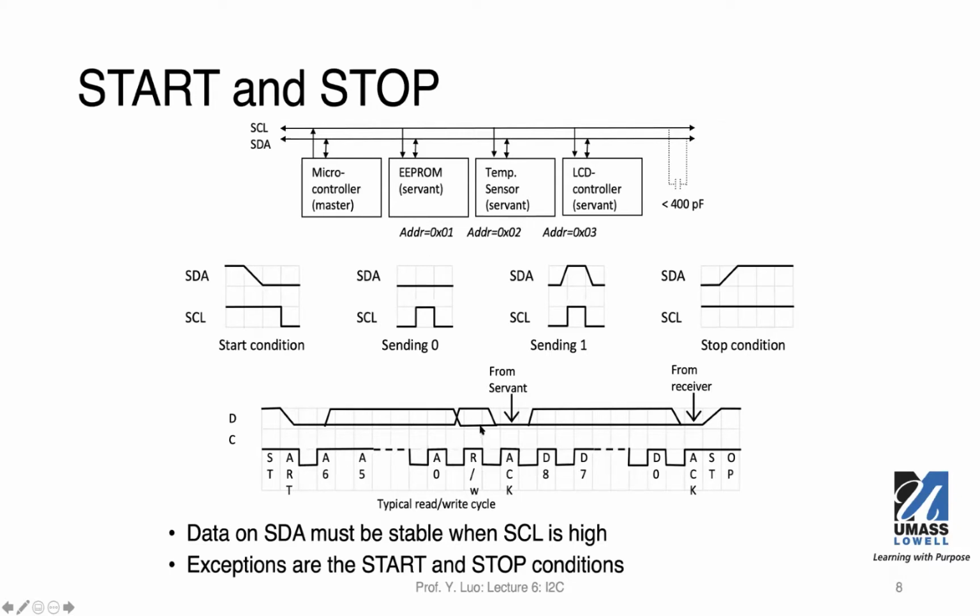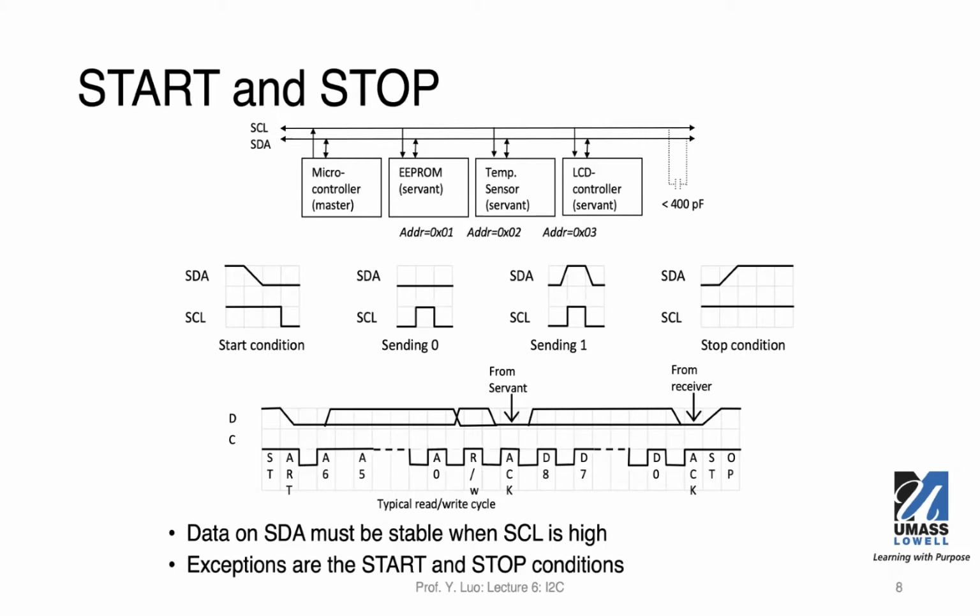But before it responds, there's one more bit we need to send out from the sender. That's the read and write bit. Based on this value, the servant will know what kind of operation this master is trying to do.